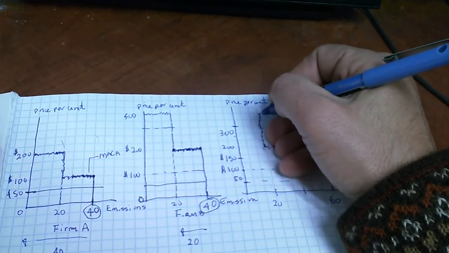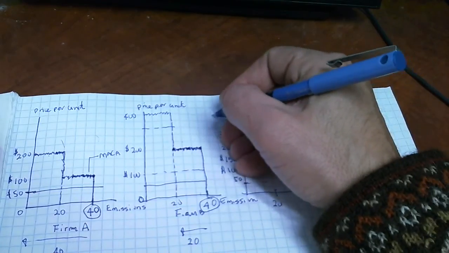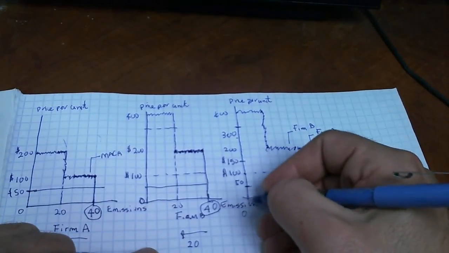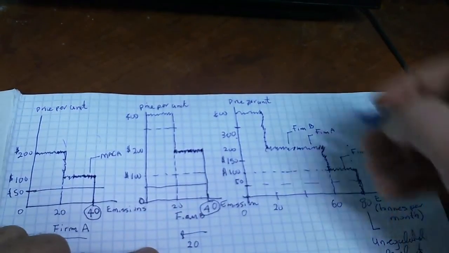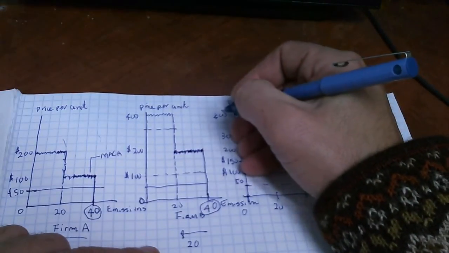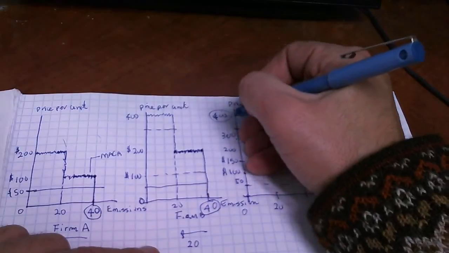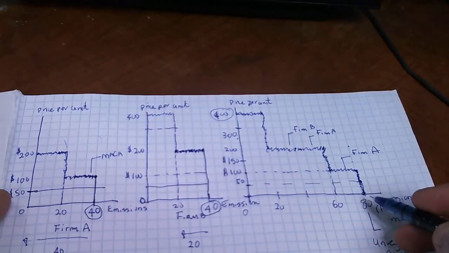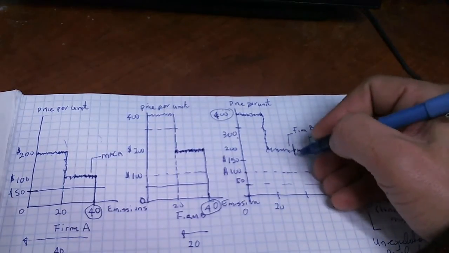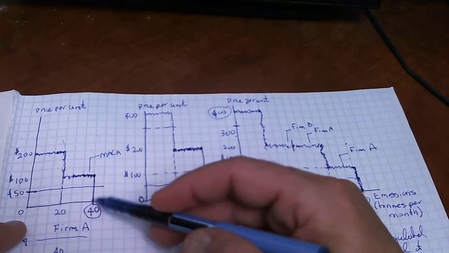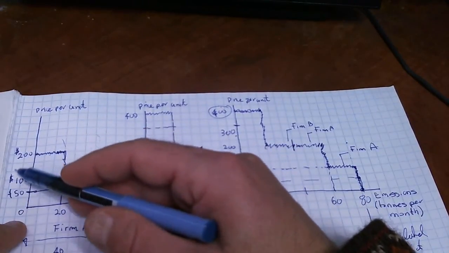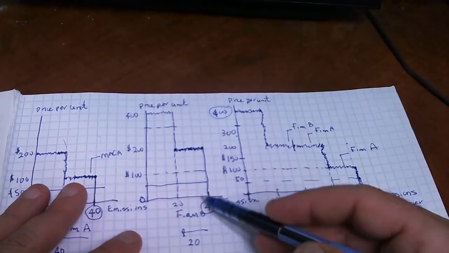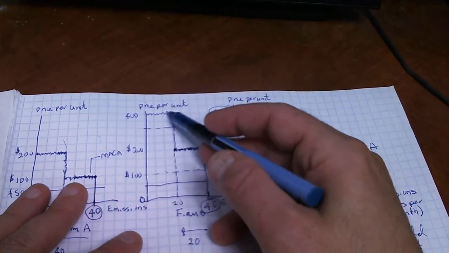And I'll stay where I am until it hits 400. When it hits 400, this firm will be reducing it by 40, and this firm will reduce it by 40, so we're down to zero. Both firms are super clean. But the price that the government is paying is $400. Okay, and that's how we get this marginal abatement cost curve, which shows you, quite interesting, that the first 40 units will be done all by firm A, which is the firm that does the job at much lower cost than firm B, for which it is a lot more costly to reduce emissions.